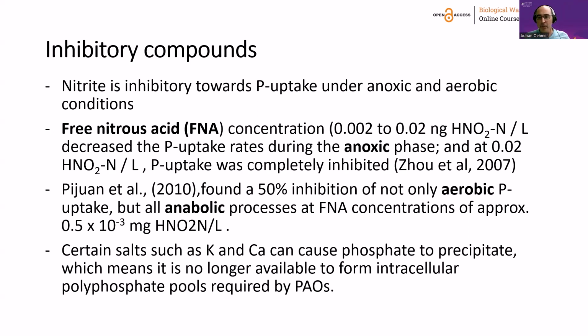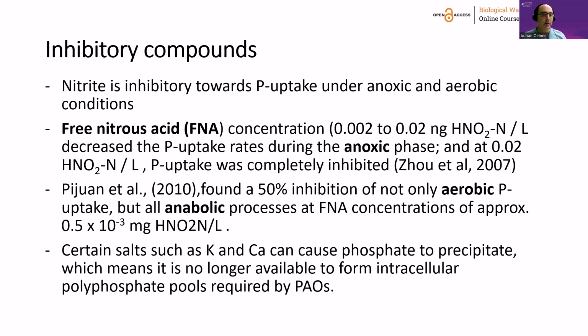If you have chemical precipitation happening, then that's phosphorus that can no longer be stored as polyphosphate within PAO cells, and that can be inhibitory towards EBPR. So in terms of chemical precipitation, some caution is needed when combined with EBPR in order to not inhibit EBPR processes.